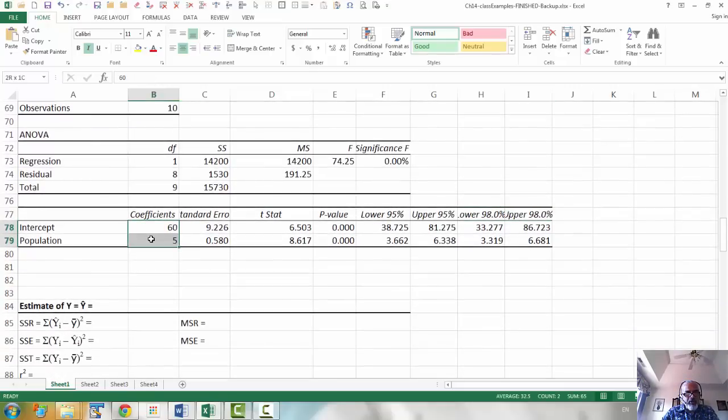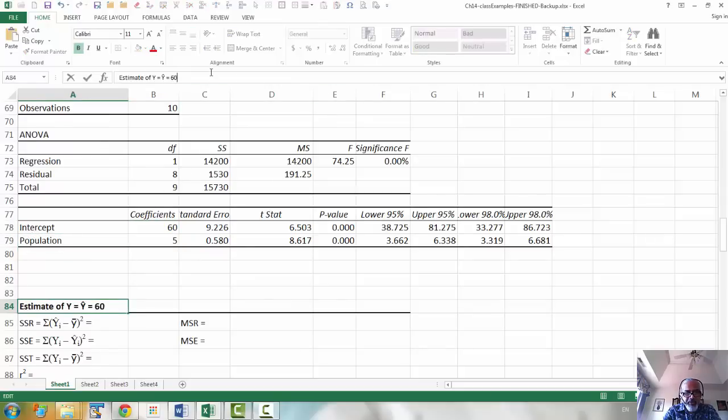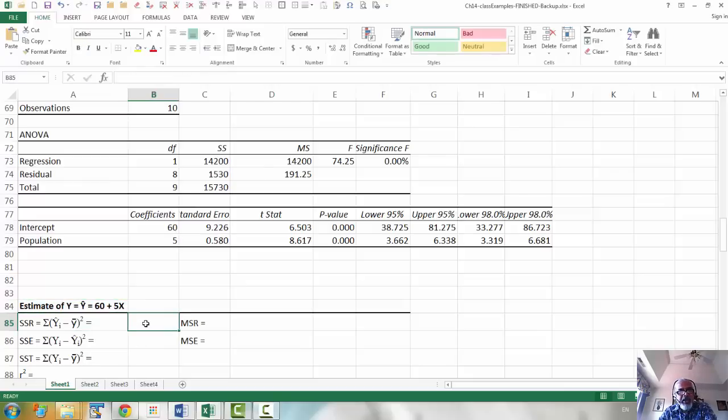Here, if you look at the coefficients, that gives us the estimate. So intercept is your b sub 0, so 60 plus 5x. So that population here gives us the coefficient for x. Okay. Now the sums of squares, SSR, so that's your regression sum of squares, and then SSE is residual.